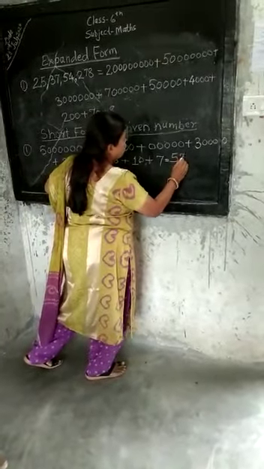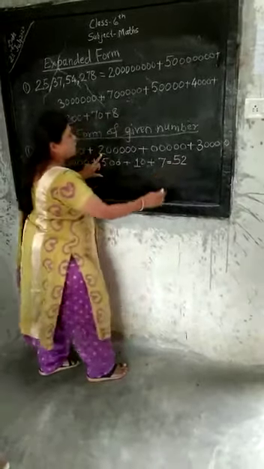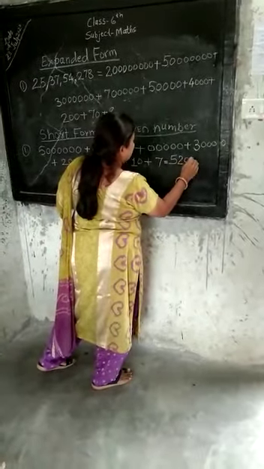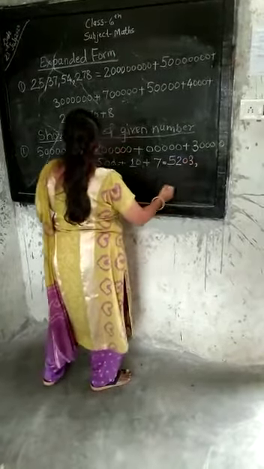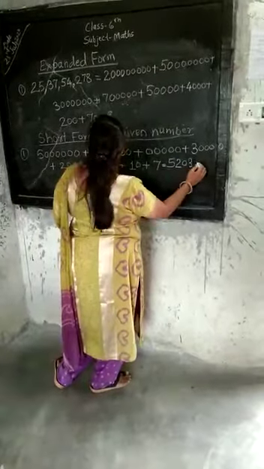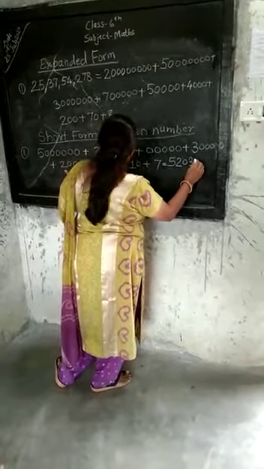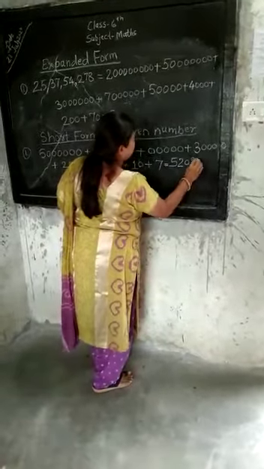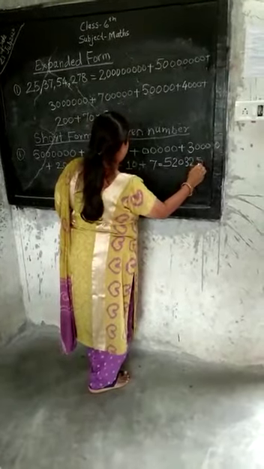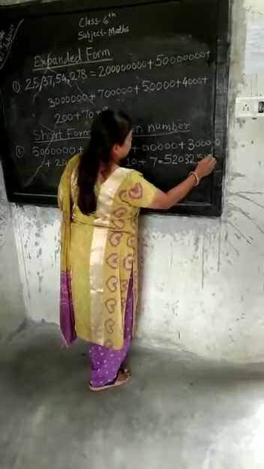And this is 2, so 52 lakh. 3,000. 32,517.